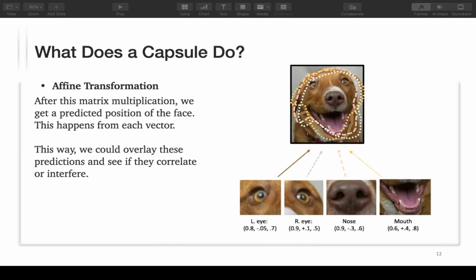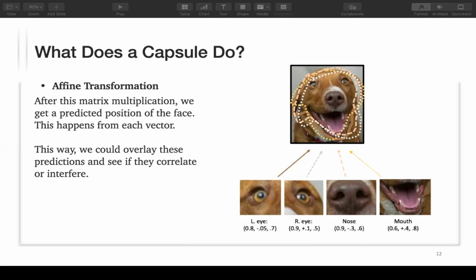At a later stage, we use these predicted faces to calculate whether those predicted faces are correlated or interfere with each other.